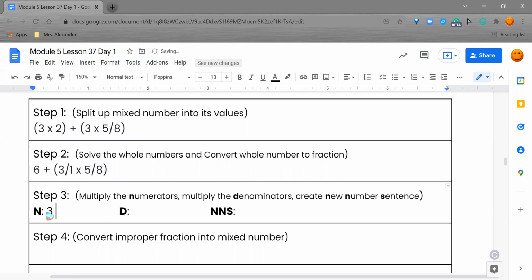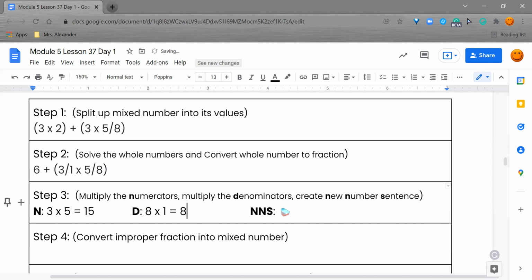So right here, I'm going to do 3 times 5, which equals 15. And then I'm going to take my denominators, my 1 and my 8. You can do 8 times 1 or 1 times 8. Either way, you still get 8.